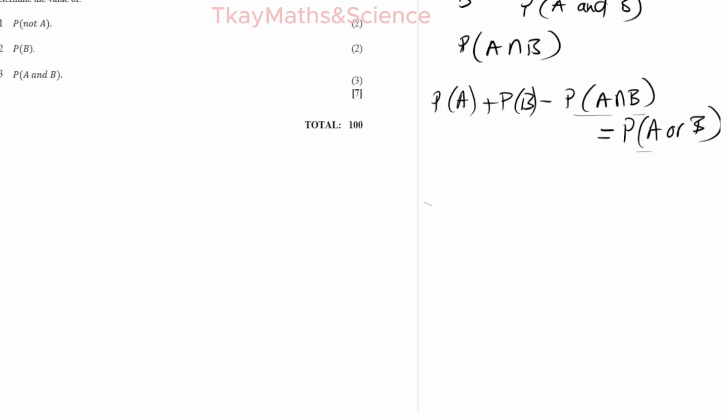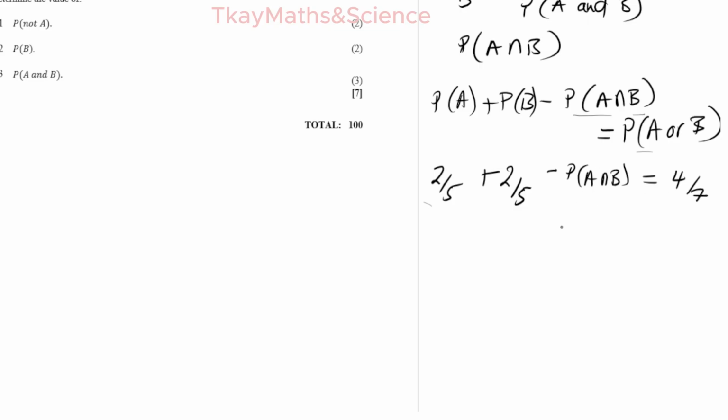Okay, so we can equate. The probability of getting A is 2 over 5 plus the probability of getting B that we found, which is actually 2 over 5, minus the probability of getting A intersection B, that is equal to the probability of getting A or B, that is 4 over 7.